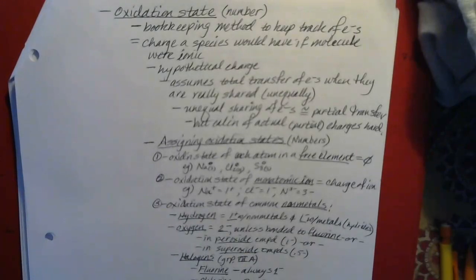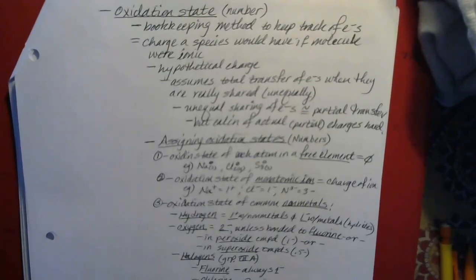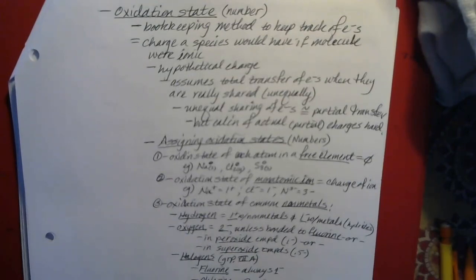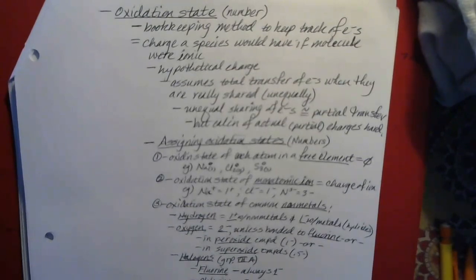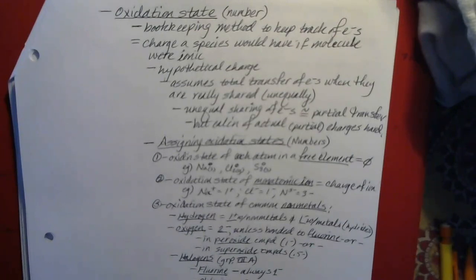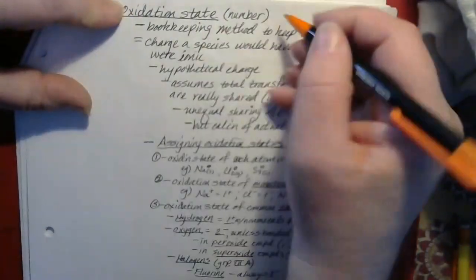But in situations like we just saw at the bottom of the last page, where you're forming covalently bonded compounds and you don't have a total complete transfer of electrons from one thing to another, you don't end up with full charges on the atoms in the compound. You end up with partial positive or partial negative charges, like for instance in water.